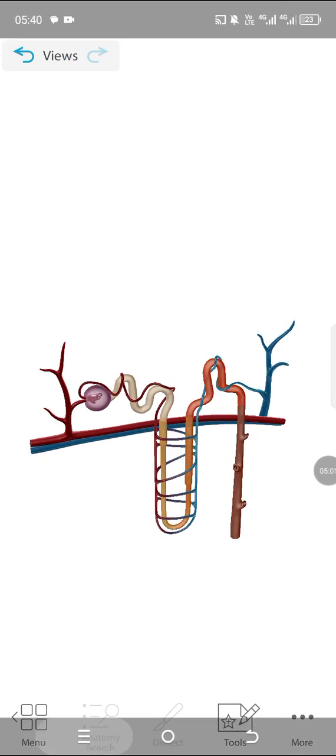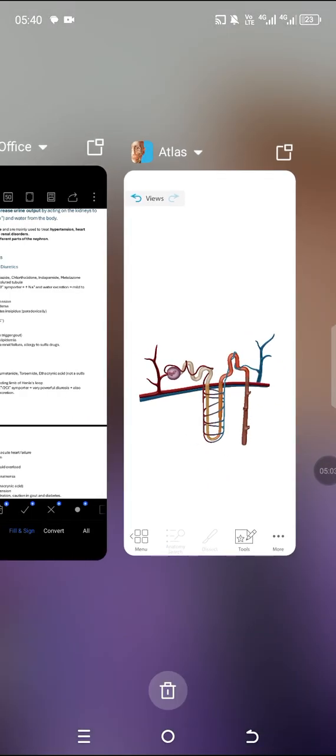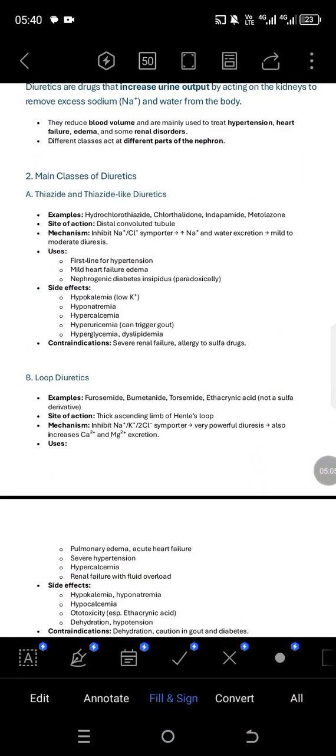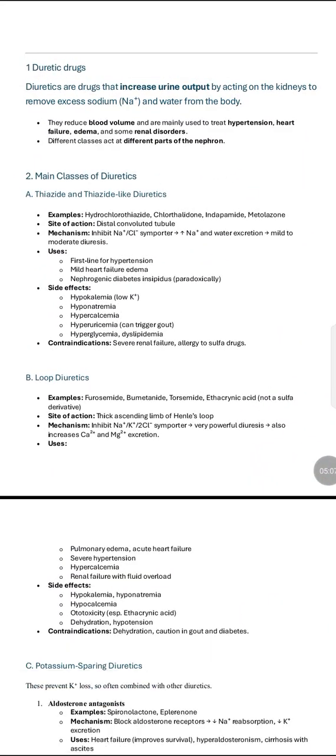So now let's go to the pharmacology point of view. So now these are the diuretics. Diuretics are drugs that increase urine output by acting on the kidneys, specifically on the nephron, to remove excess sodium and water from the body.